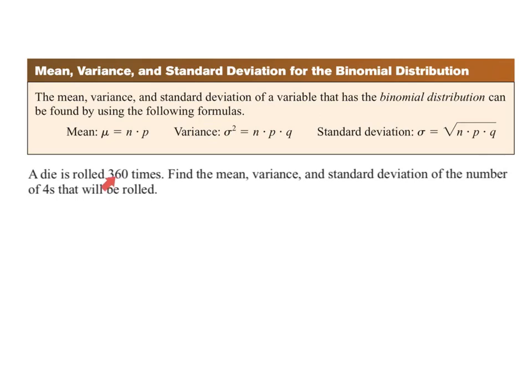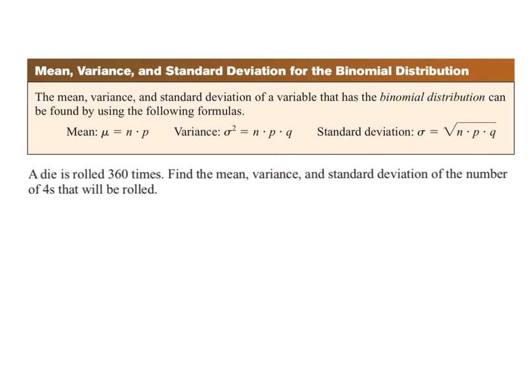Now, in order to figure out p and q, the probability of success and the probability of failure, we've got to look at this part: the number of 4s that will be rolled. What is the probability that we get a 4? 1 out of 6. That would be p, the success probability, which is 1 out of 6. What's the probability of not getting a 4? The failure, q, is 5 out of 6.